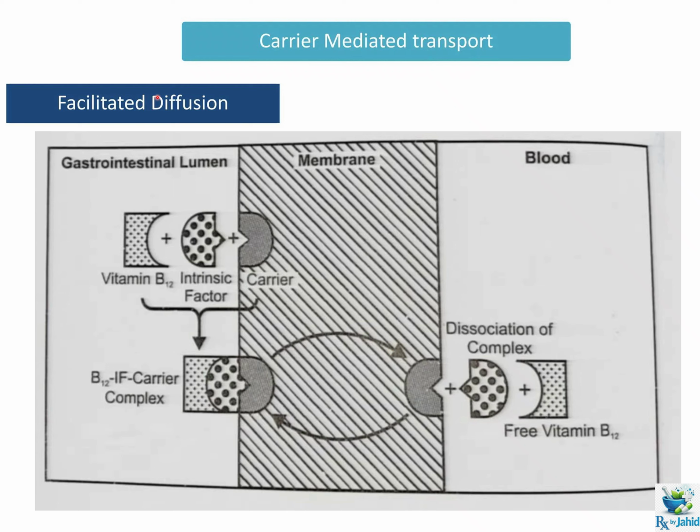So this is carrier mediated because the carrier is helping the transport of this vitamin. Okay, and this is also called facilitated diffusion because it's also diffusion, but it is facilitated. Why facilitated? Because carrier is helping. This carrier is nothing but a protein or enzyme. So that's why this is called carrier mediated transport.